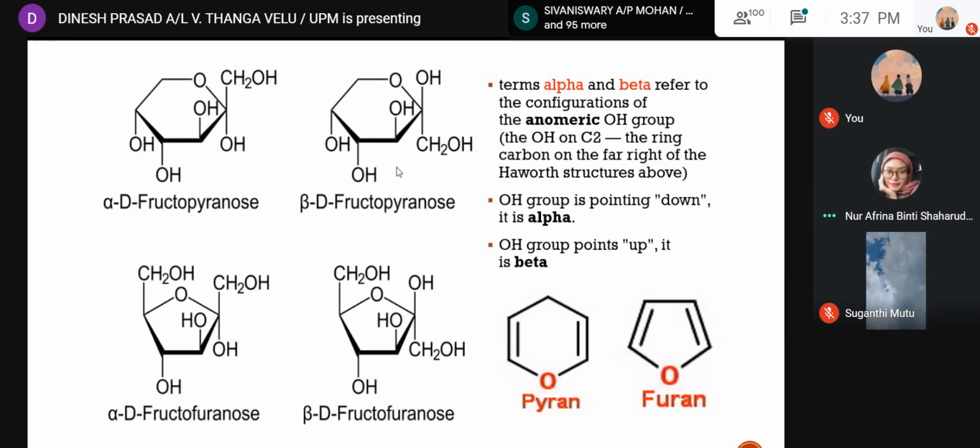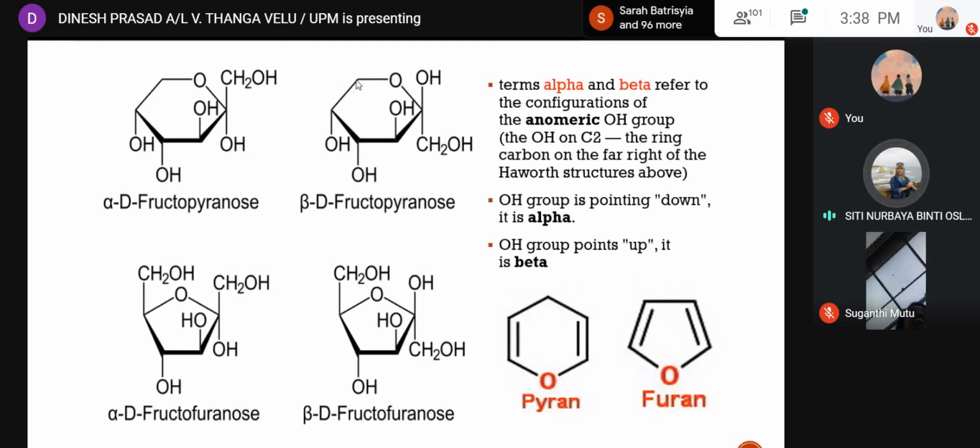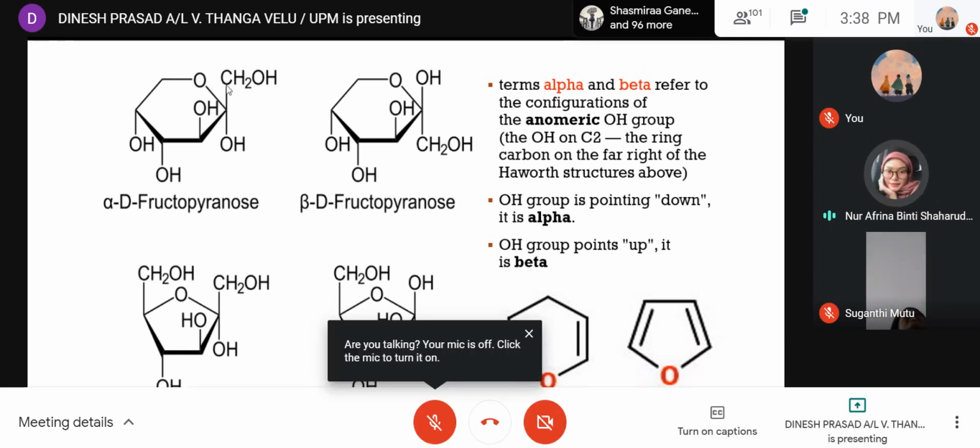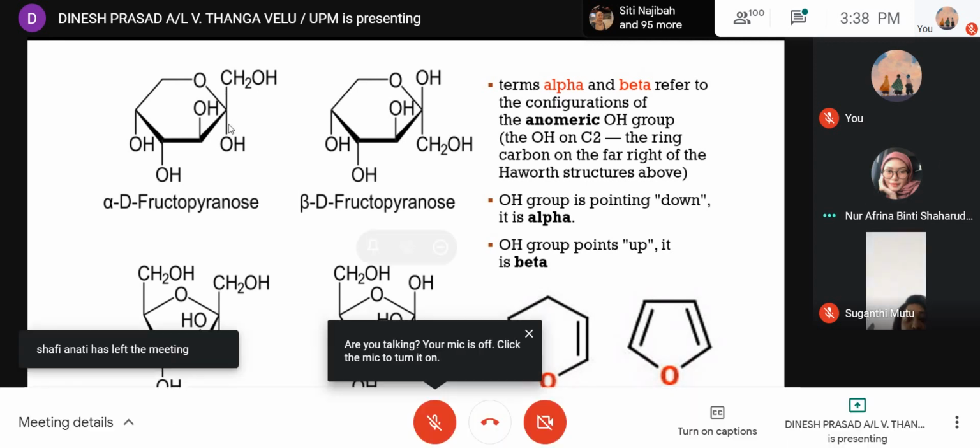Okay. Here, CH2OH. This is carbon number 1, and then it's attached to carbon number 2, then carbon number 3, carbon number 4, carbon number 5, and then carbon number 6. Then that one is beta-D-fructopyranose, right?